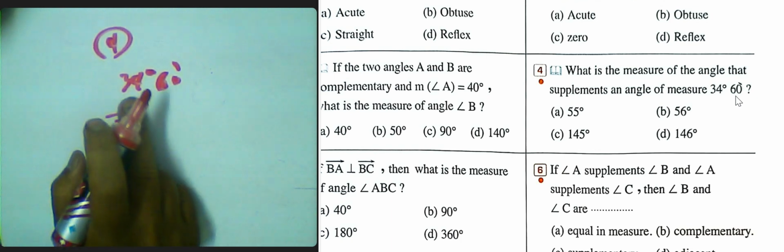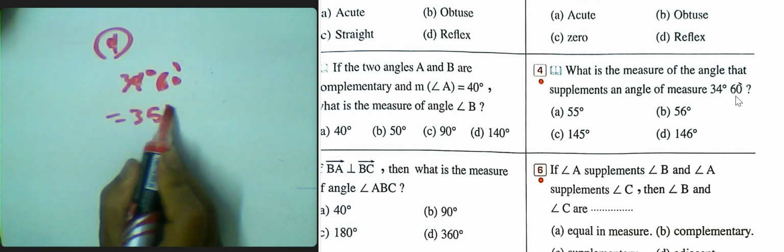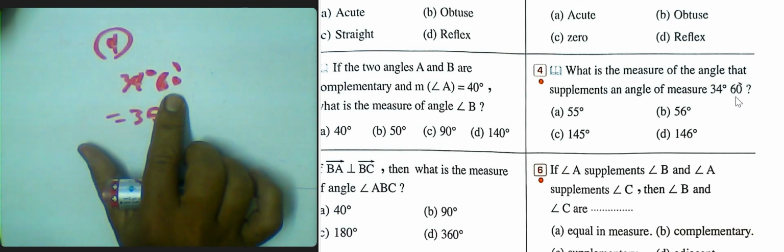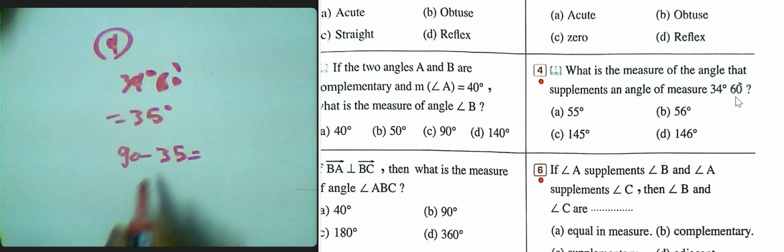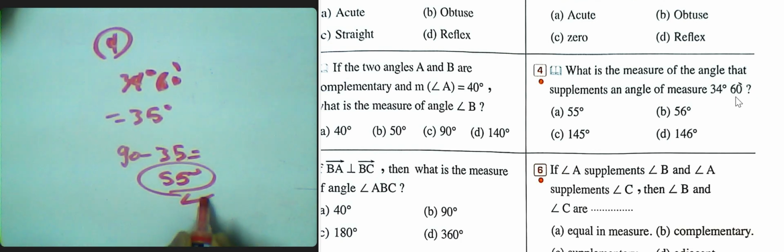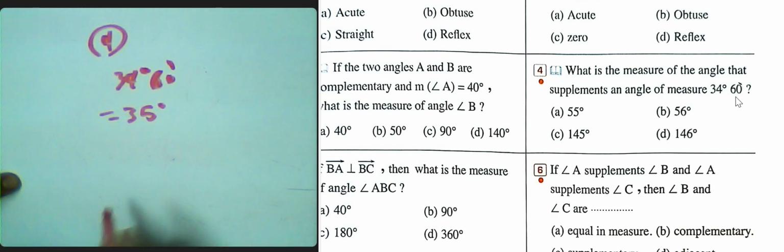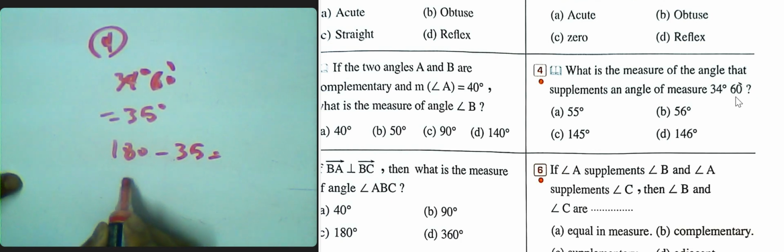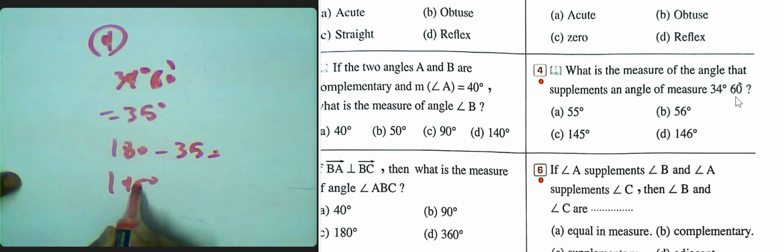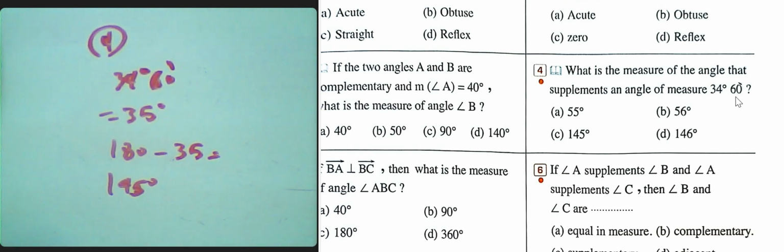Okay, 34 degrees and 60 minutes equals 35 degrees because 60 minutes equal 1 degree. Then you can write 90 subtract 35 to find the difference. 10 minus 5 equals 5 and 8 minus 3 equals 5. Then the result here will be 55. What did it ask about? Complementary or supplementary? Supplementary. So you can write 180 subtract 35. It will be 145. Choose the letter C.